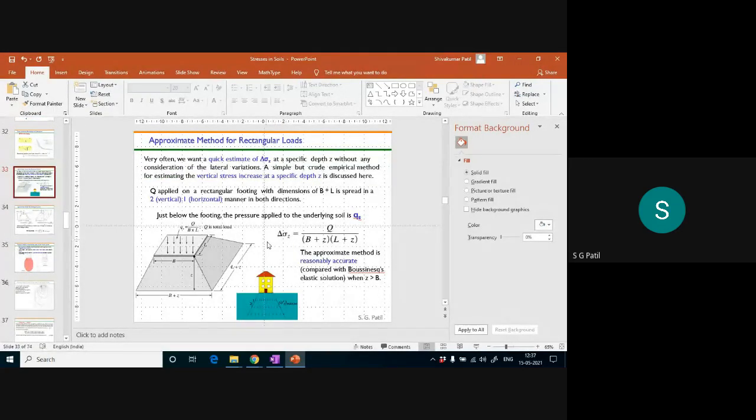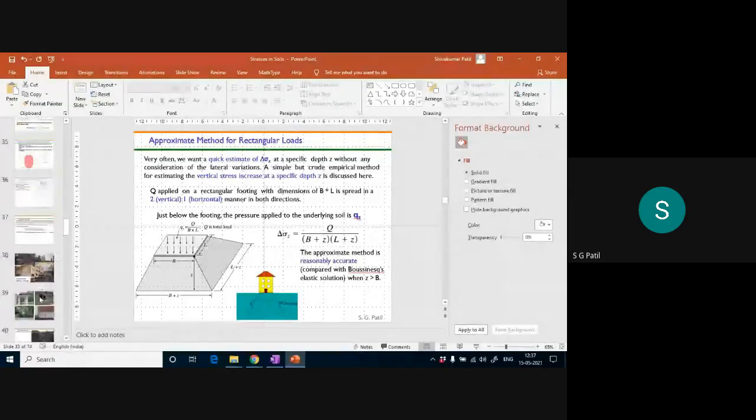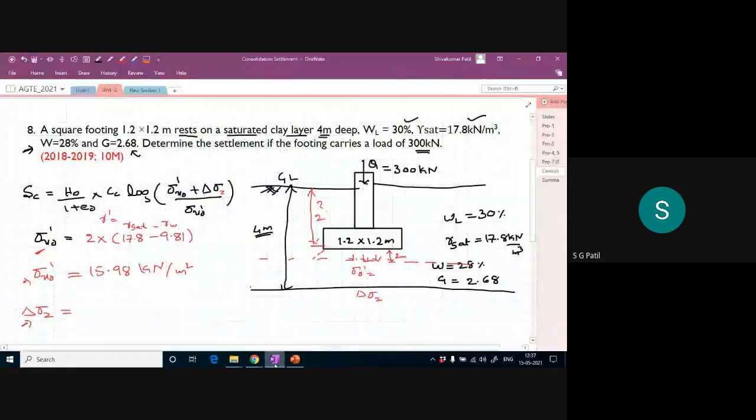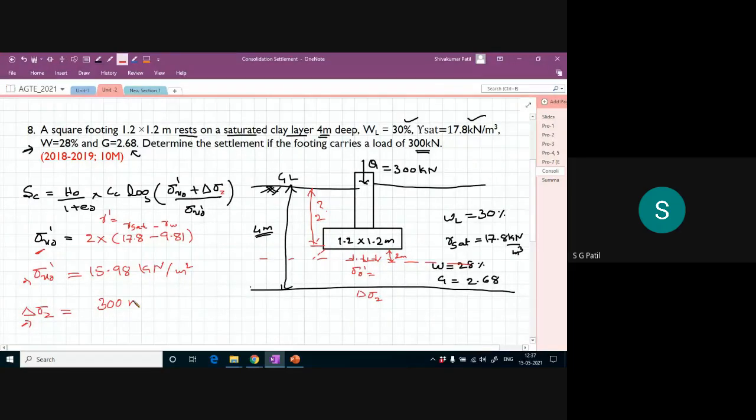Delta sigma Z is equal to my load divided by the effective area, B plus Z into L plus Z. So 300 kilonewton divided by effective area. What is my effective area? This is 1.2 meter. Z is how much? Z is 1 meter.